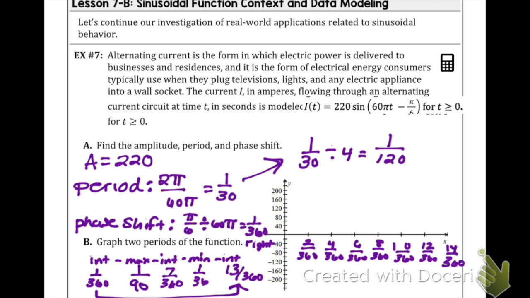And it's asking for 2 cycles, but that's only going to get us 1 cycle. But at least we'll get a good idea of it.